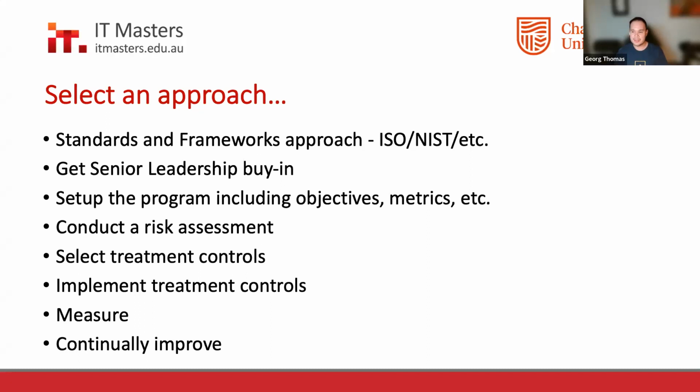Then there's the whole piece around setting up the program, which we've already talked about, but there are also things around objectives. What is the objective of the program? How are you going to measure that? How are you going to report it? There are also pieces around compliance, and obviously the risk assessment piece that we just talked about.